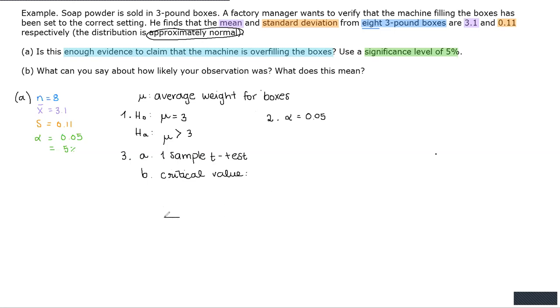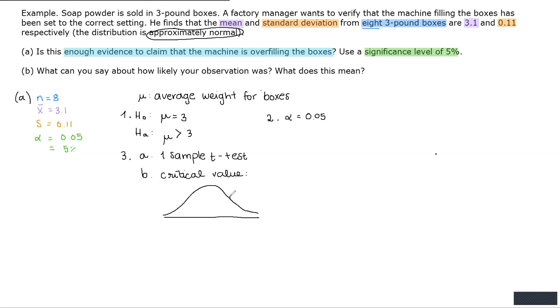So that means that my distribution, which looks like this, is going to have some values that are going to be considered usual and some values that are going to be considered unusual. Now, because I'm trying to show that my mean is larger than 3, then I'm only going to look at the larger part of my distribution, which means the part on the right. If this were smaller then we would be looking at the values on the other side. But here we're looking at the values on the right because we're trying to demonstrate that mu is larger than 3.